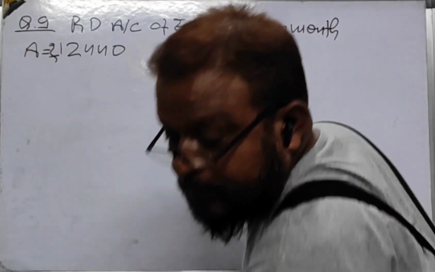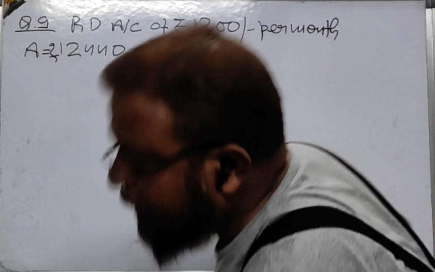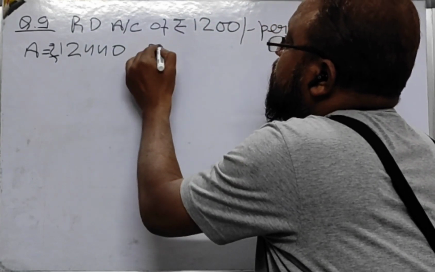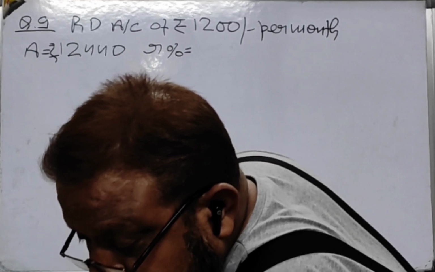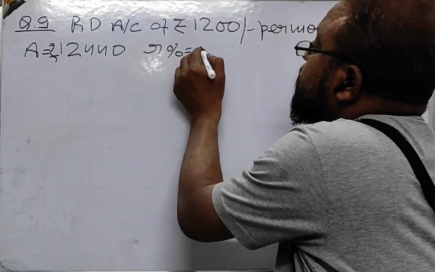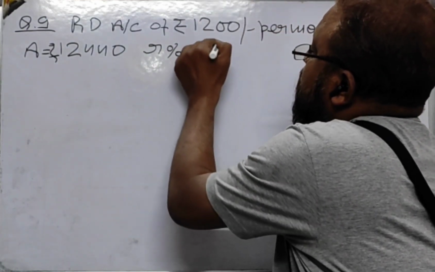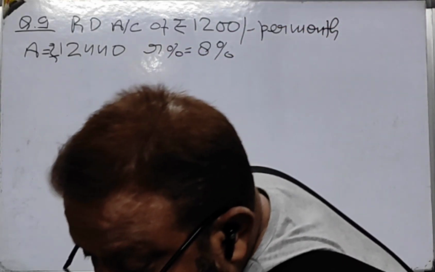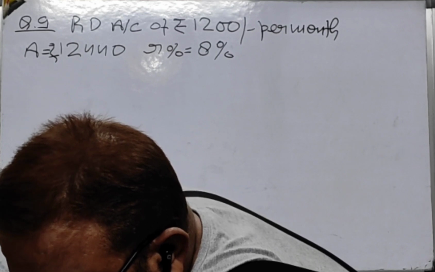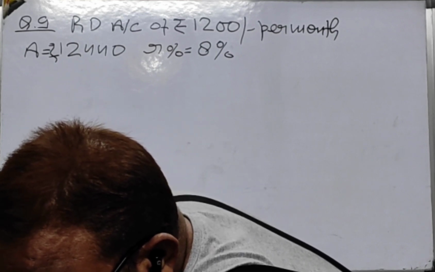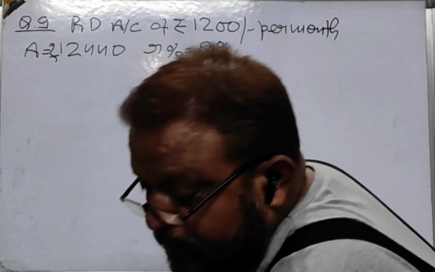If the rate of interest is 8%, then you have to find, and interest is calculated at the end of every month. That doesn't matter. Find the time of this recurring deposit account.